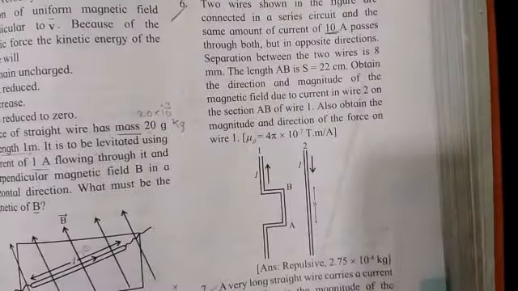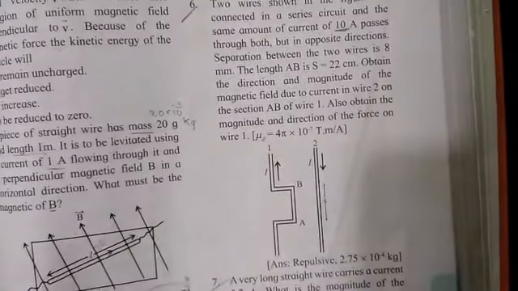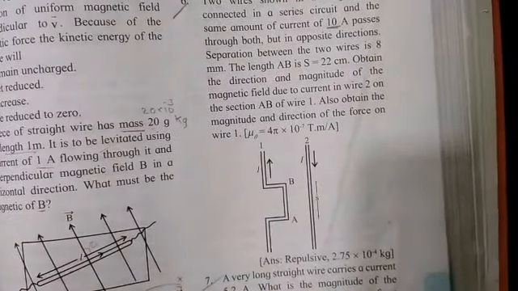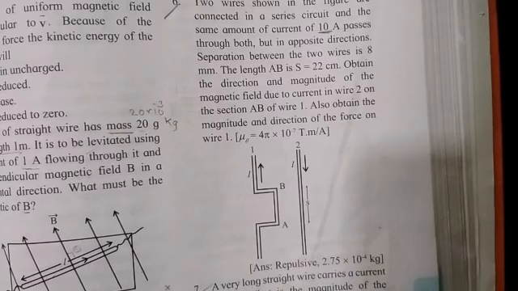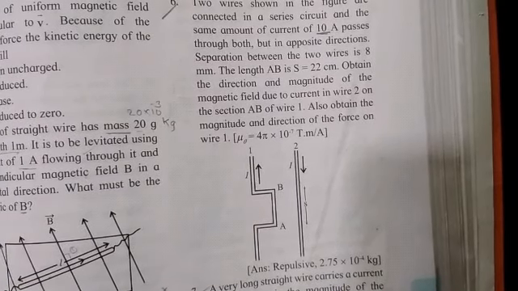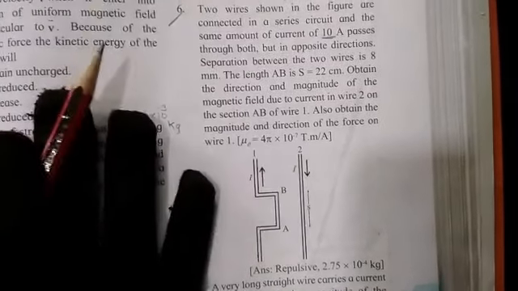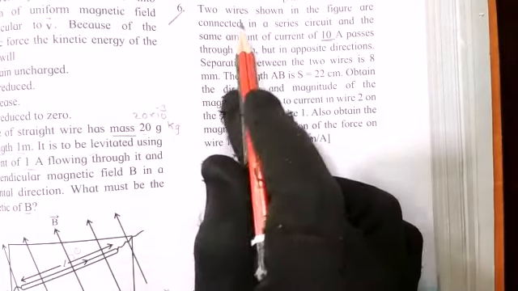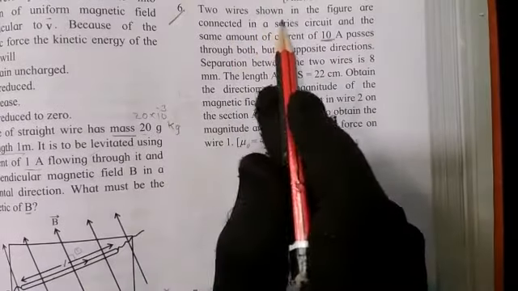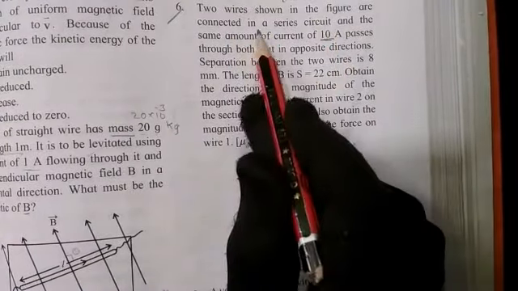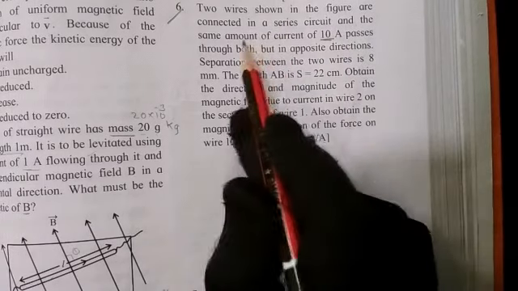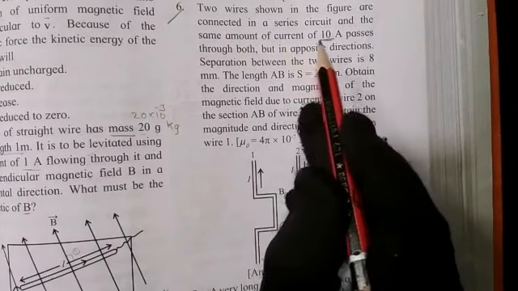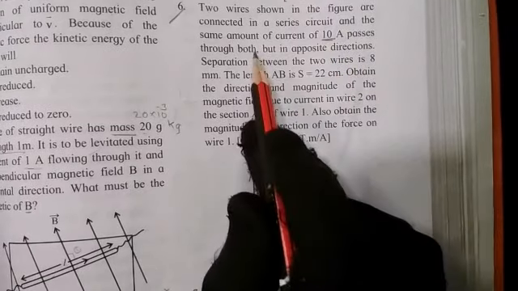Question number 4 and 5 are from the cyclotron topic, which is omitted this year, so let's move on to question number 6. Here two wires shown in the figure are connected in a series circuit and the same current of 10 ampere passes through both.